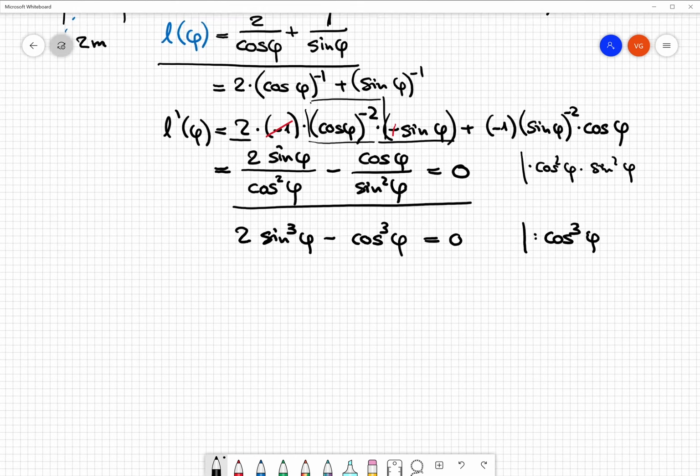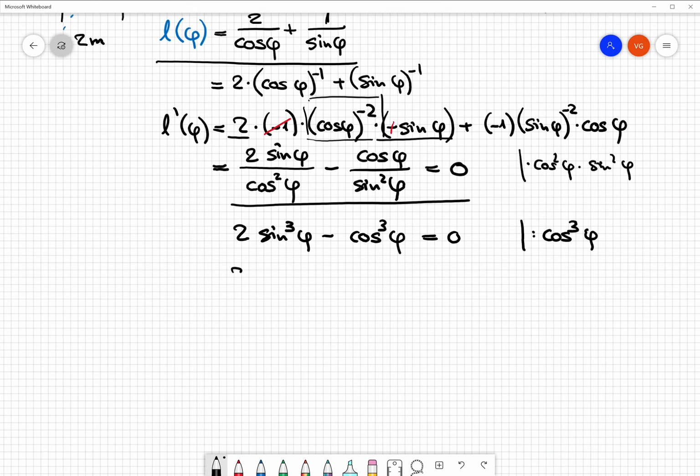What we get is 2 times sine cubed phi over cosine cubed phi minus 1 equals 0. Or we could also write this as, because it is the same exponent, sine of phi over cosine of phi all cubed. And this needs to be, well, 1 over 2, right?